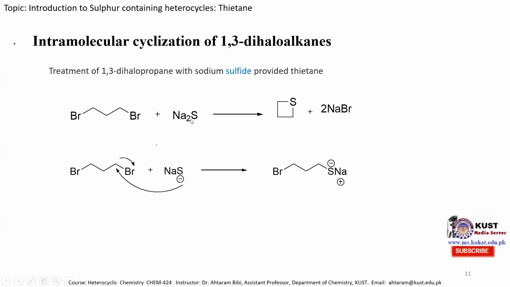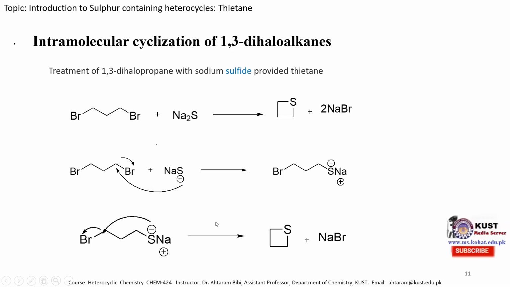In sodium sulfide, the sodium carries a plus charge and the sulfide carries a negative charge. So in the first step, this sulfide attacks the carbon atom, releasing the bromide ion, which combines with the sodium counter ion, producing sodium bromide. And as this sulfur attacks this carbon atom, it produces this intermediate species.